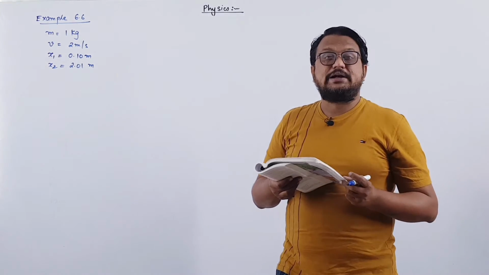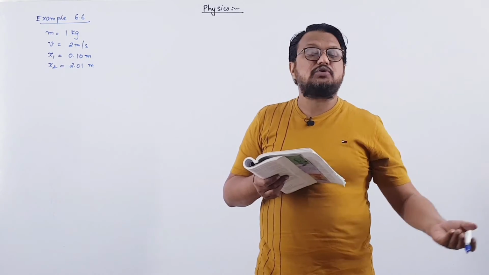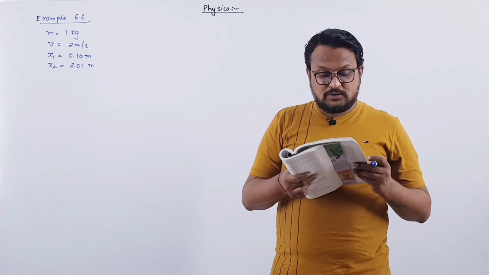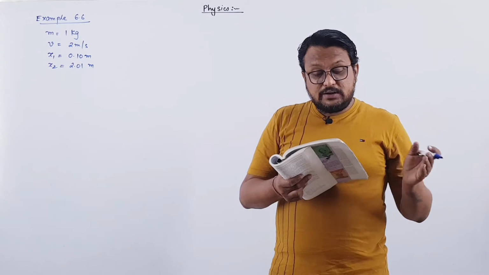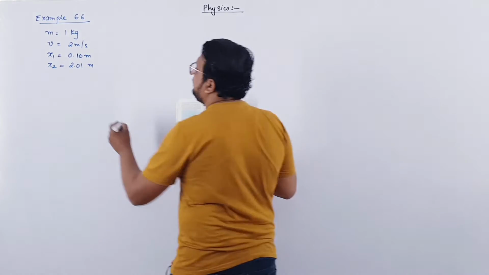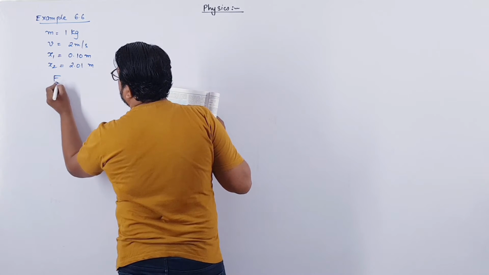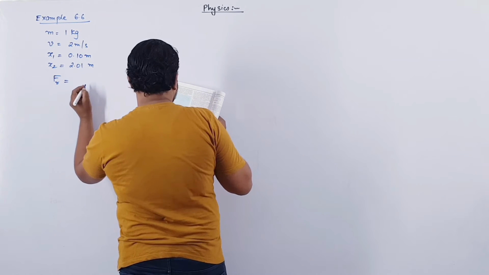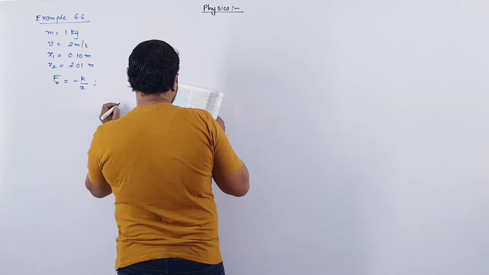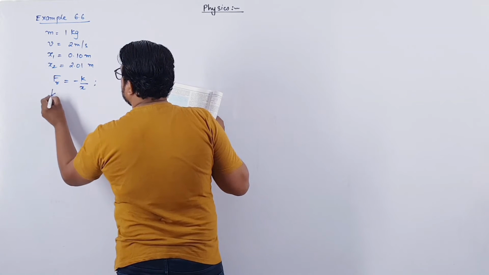The retarding force acting on the block is inversely proportional to distance. If it travels more distance, the retarding force will be less, since it is inversely proportional to the distance. It is given as Fr, the retarding force, equal to minus k by x, where k is 0.5 joule.